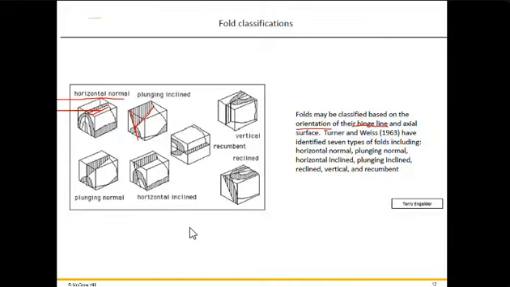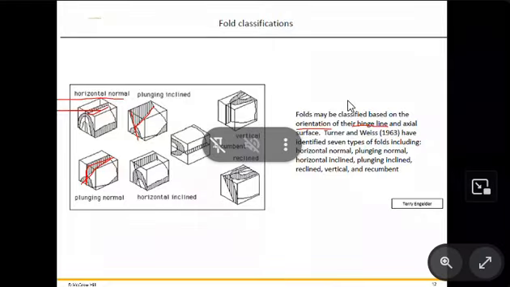The opposite of this, plunging normal, is that you can see that the hinge line is still plunging in this direction, but the axial plane now is no longer inclined, but it is vertical. That is normal. Here you can see that the hinge line is horizontal, but the axial plane has obviously changed its orientation to being inclined.